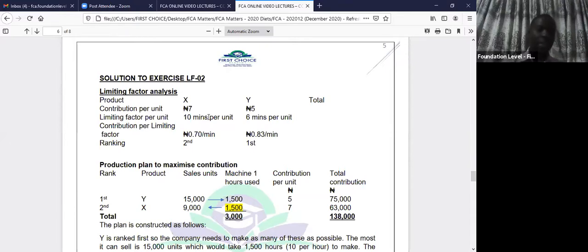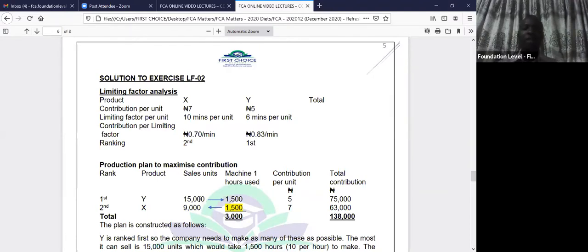There are 60 minutes in 1 hour, so 60 divided by 10 means 6 units will go for 1 hour. If 6 units go for 1 hour and you have 15,000 units, simply say 15,000 divided by 6, supposed to give you 2,500.